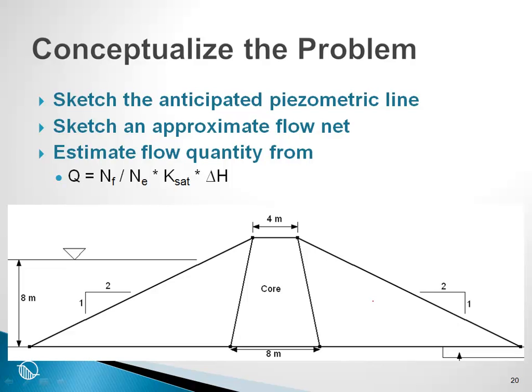To illustrate what we mean by conceptualization, we can look at the flow through this homogeneous dam. We already know that in all likelihood the line of zero pressure will start at the full supply of the reservoir, and it will be perpendicular when it comes into the ground, and then it will take some shape we expect like this, and we know this from our study and introduction to SEEP/W analysis.